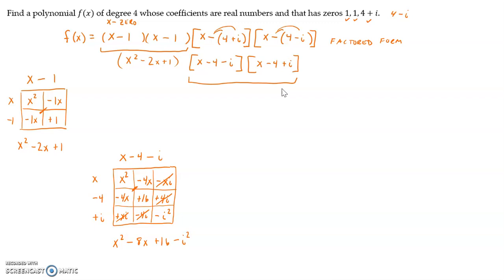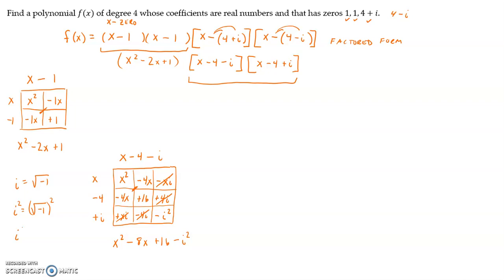And let's talk about this i squared piece. You'll remember that i is actually the square root of -1. So when we're looking at i squared, this is the same thing as saying the square root of -1, the whole thing squared. Well, squaring a number and taking the square root, they're going to undo each other.